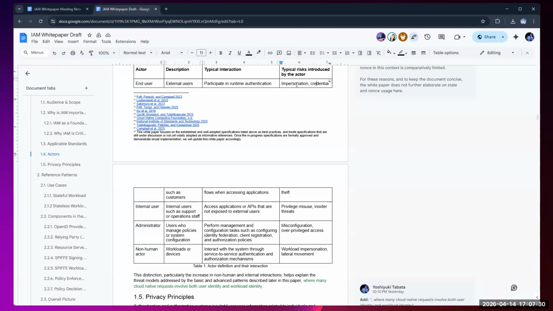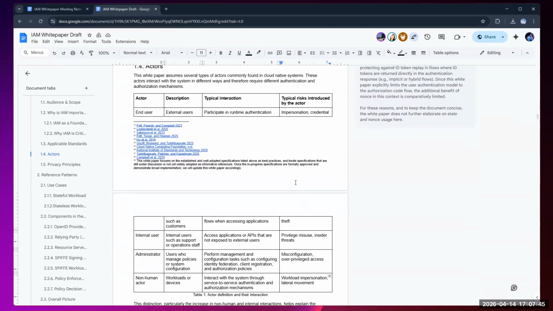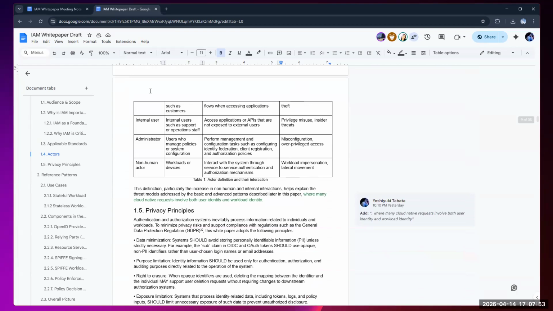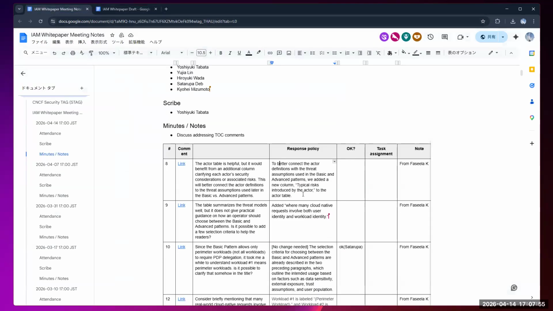So Kyohei, do you have any concern or idea or opinion about this change? Nothing special? No. Okay, thank you very much. So this was done.